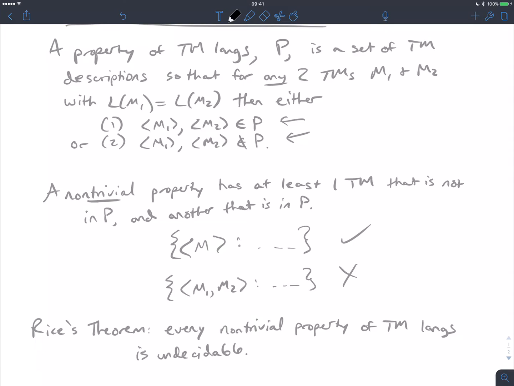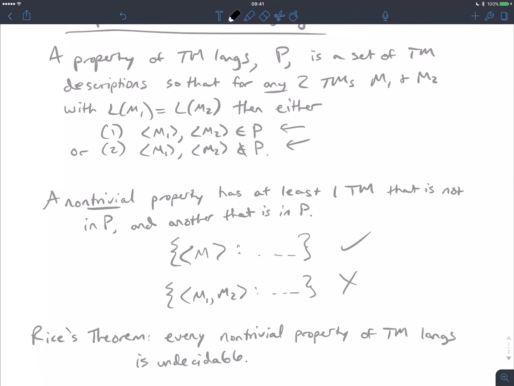The first one is about any 2 arbitrary Turing machines. The second one, you show 2 specific examples, one that has the property and one that doesn't. Other questions?